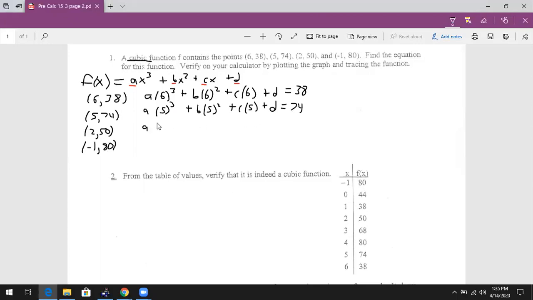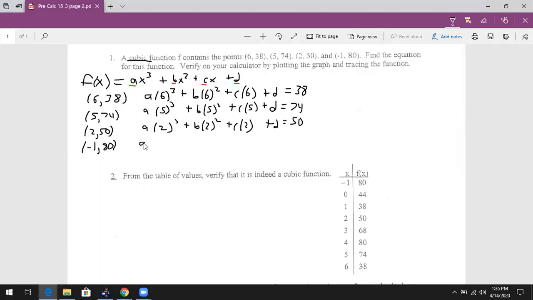A times 2 cubed plus B times 2 squared plus C times 2 plus D equals 50.